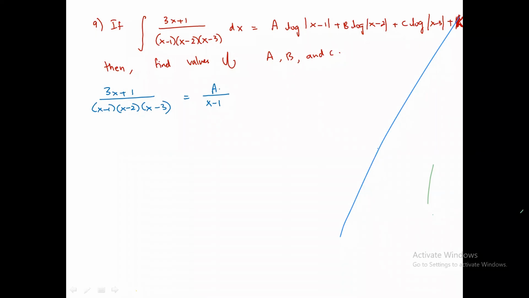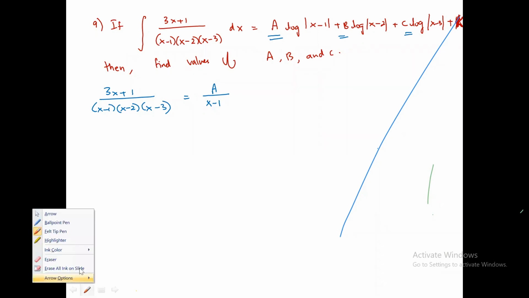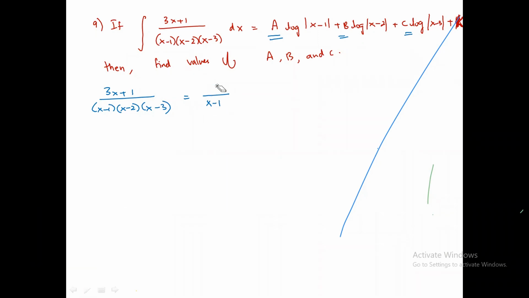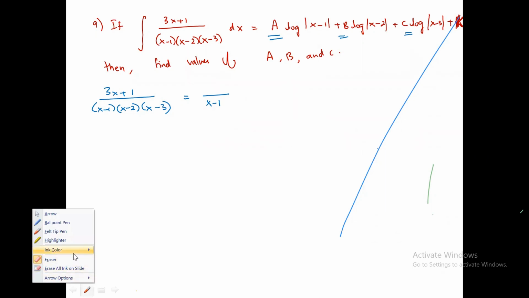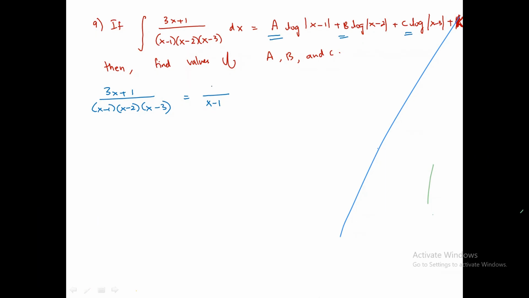But don't get confused with this A, B, C in the question and this A. The A, B, C in the question are different and the ABCs which we are using are different. If you want, I will not use ABC at all. I will use some other letter. I will use P. For x minus 2 denominator, Q. For x minus 3 denominator, R.